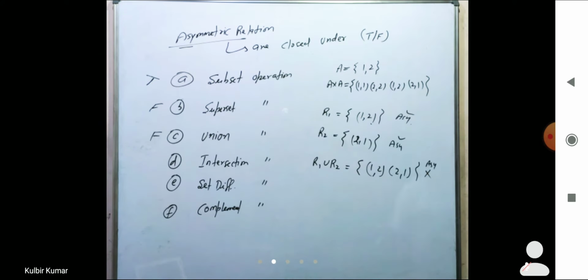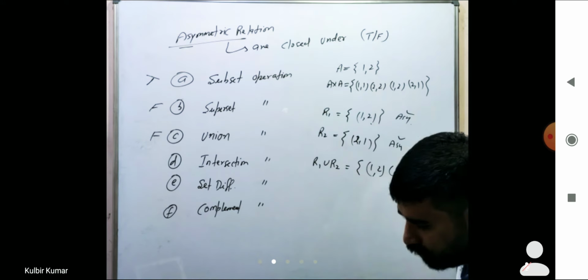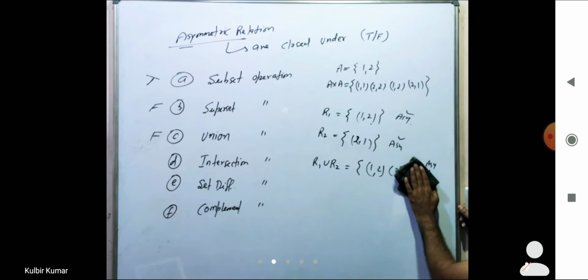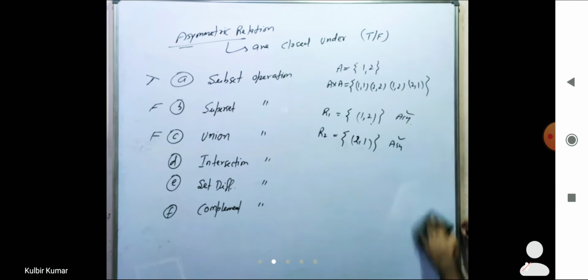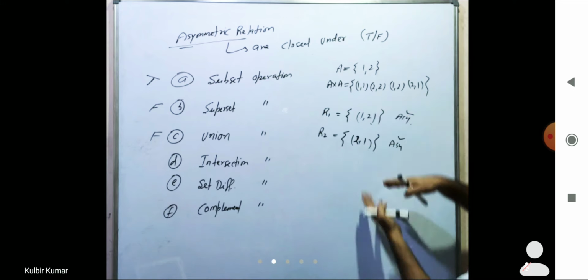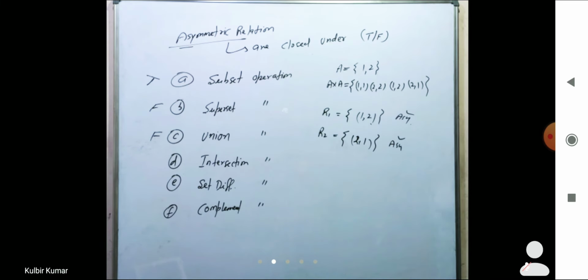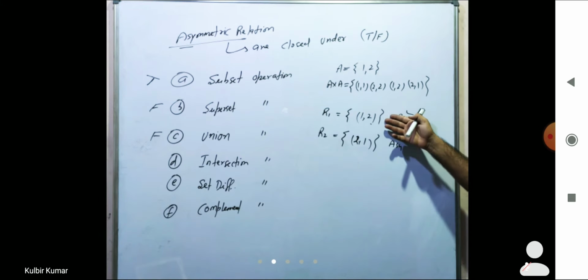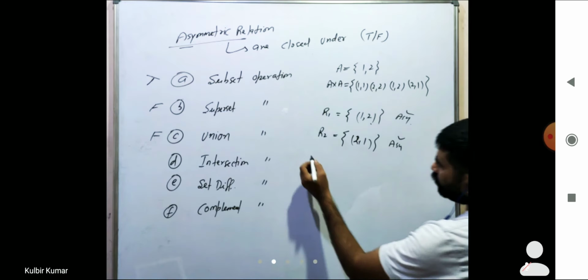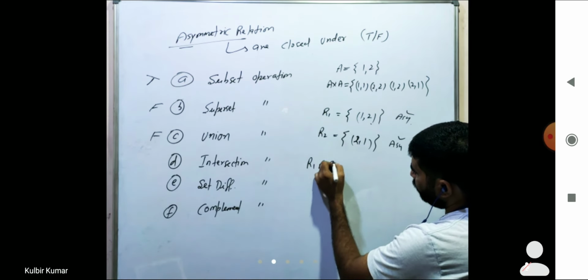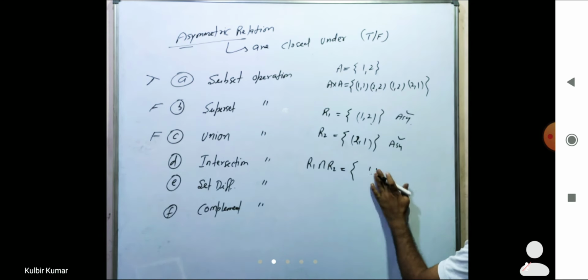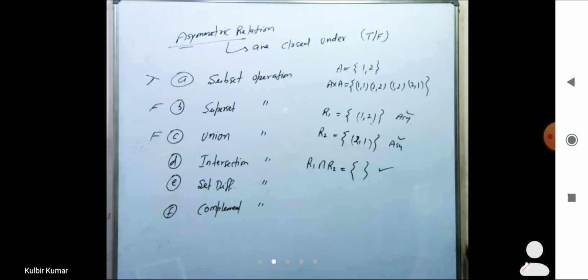So next is intersection. What about intersection? In case of intersection, the asymmetric relation is closed. Why? Because this relation is asymmetric type and this is also asymmetric type, so the ordered pairs we choose will be the common ones, and the common ones will also be asymmetric. So if I take the intersection of R1 and R2, it is empty, and the empty relation is also asymmetric.